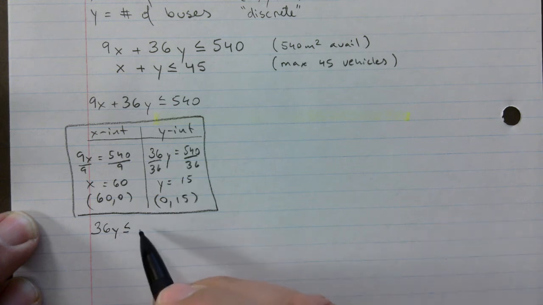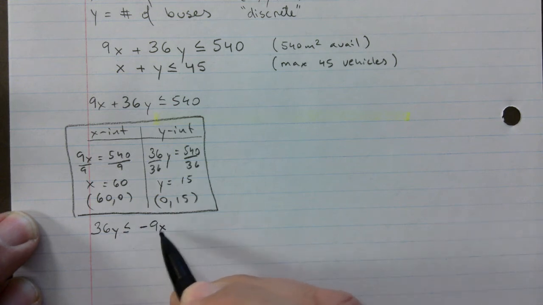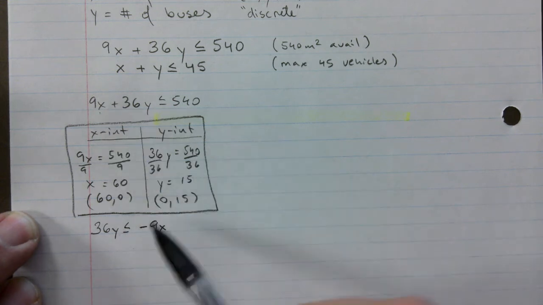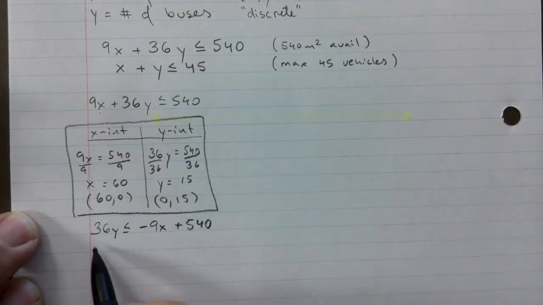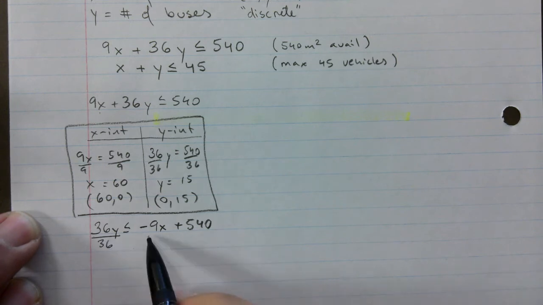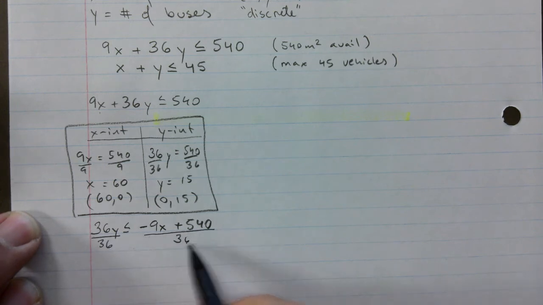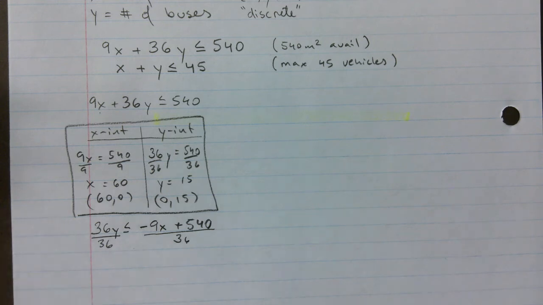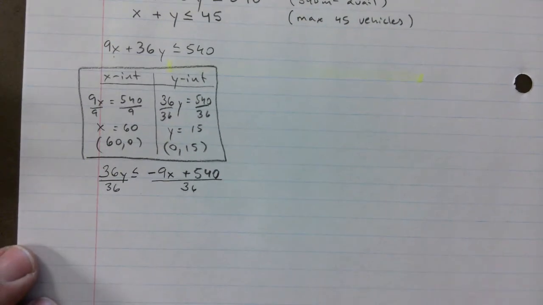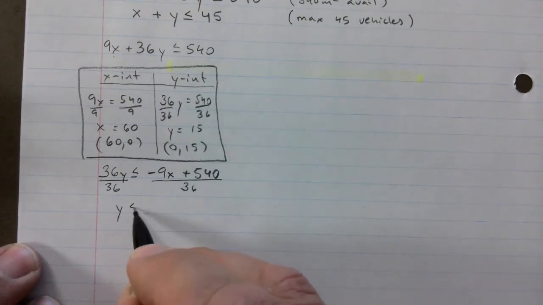Then I rewrite. The 9x comes over subtracting. The 540 is already there. Divide everything by 36. Remember that when you divide by a negative, the inequality flips, right? It's not happening for a while because we're doing word problems, but don't forget about it. So y is less than or equal to negative 9 over 36 x plus 15.